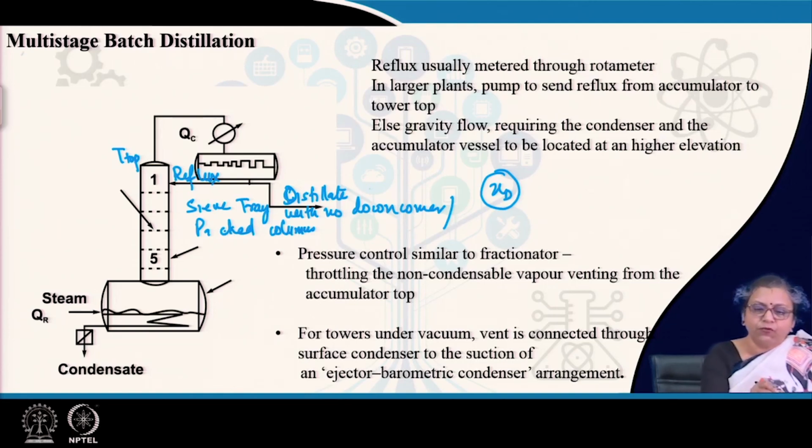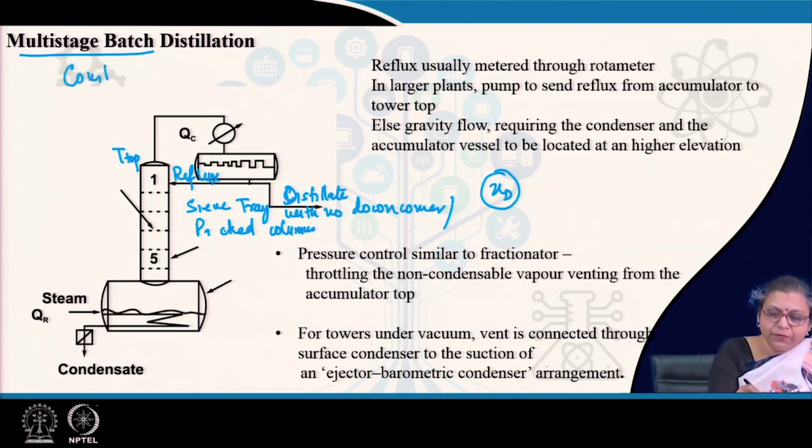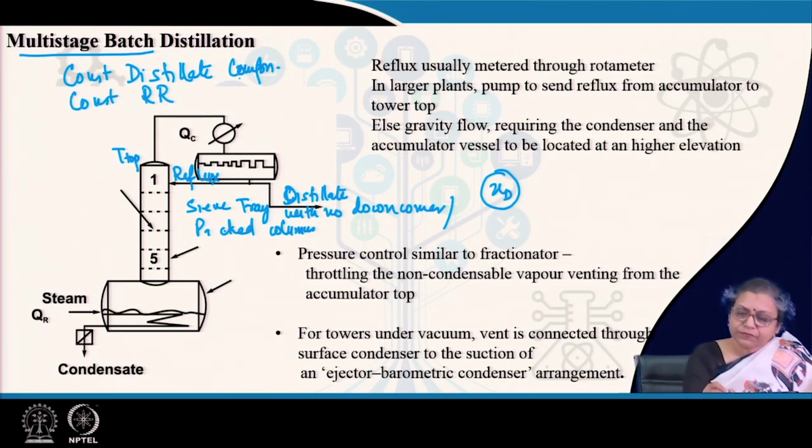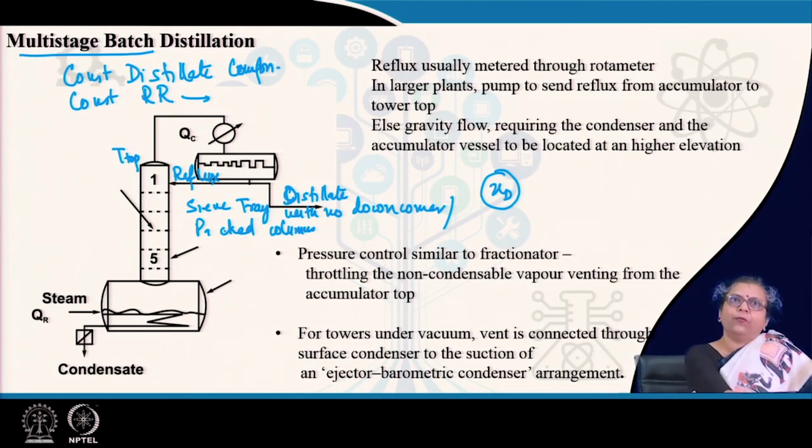So, when we are going for multi-stage batch distillation, it can operate in two ways: by keeping the distillate composition constant and varying R, or by maintaining a constant reflux ratio where the distillate composition varies. The latter is easier to do, and the former is practiced only when there is a strict specification on the distillate composition.